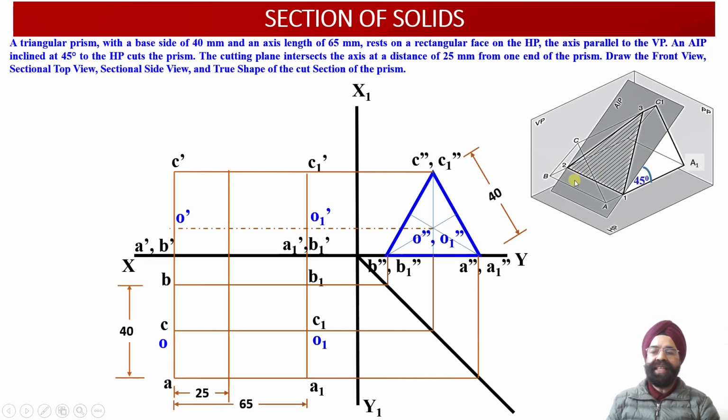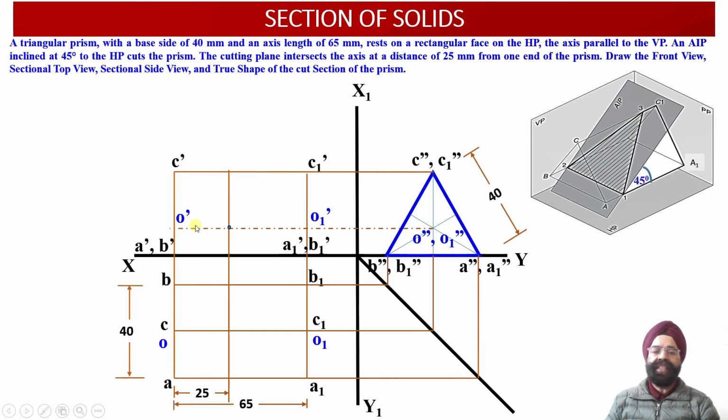So onto this axis, if we move 25 millimeter away from this face ABC, now the cutting plane will be passing through the axis inclined at an angle of 45 degree with respect to the horizontal plane. So it is this point onto the axis which is located at a distance of 25 millimeter from the face ABC over here.